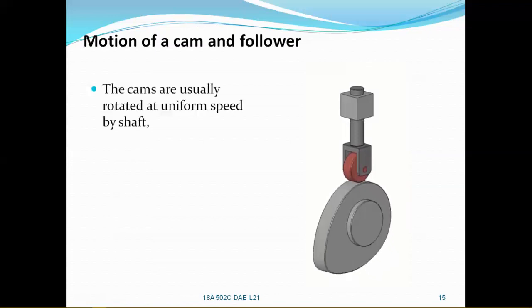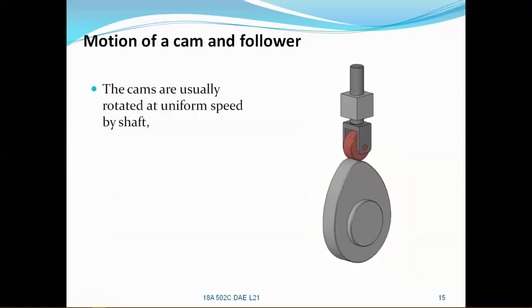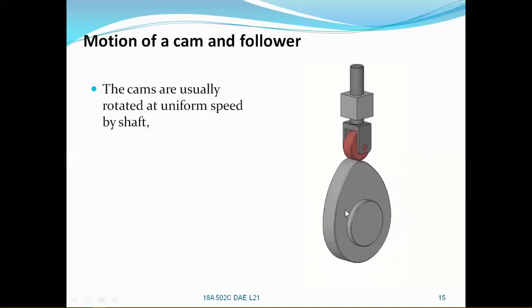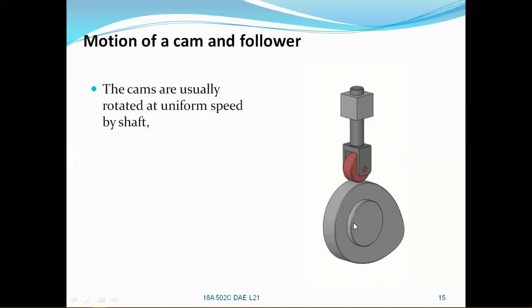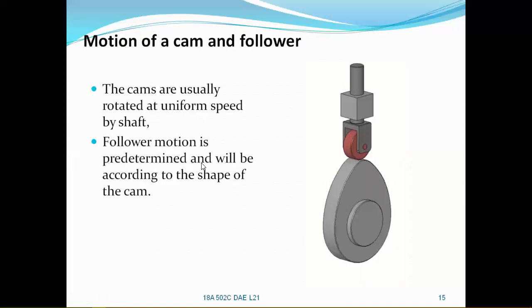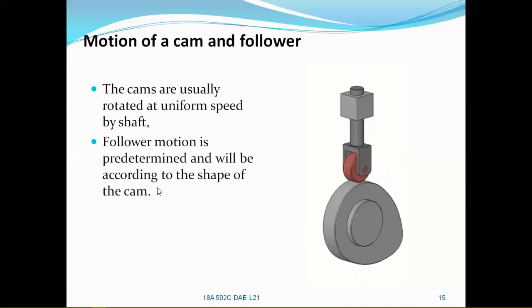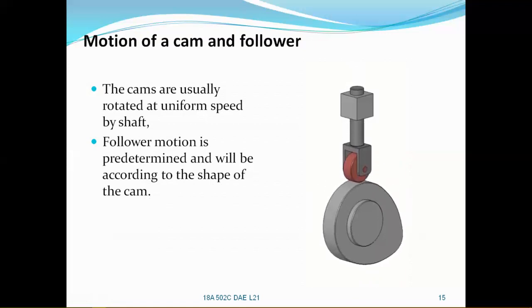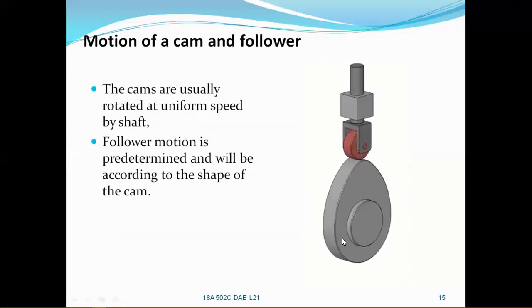The cams are usually rotated at a uniform speed by shafts. That means these cams are rotating at a uniform speed due to rotation of the shafts, and follower motion is predetermined and will be according to the shape of the cam. That means the follower motion will depend on the shape of the cam only.